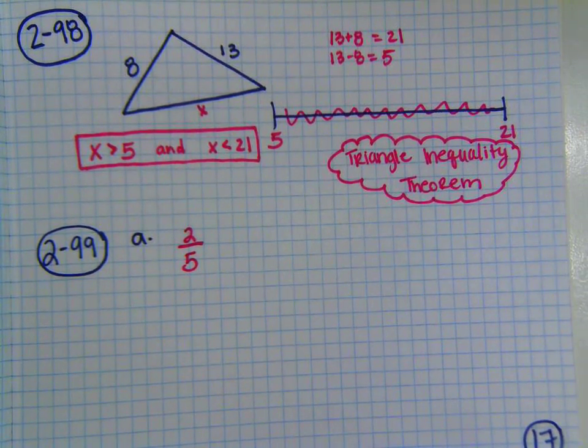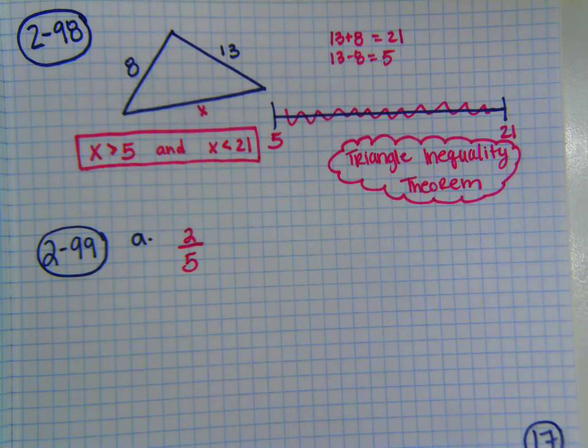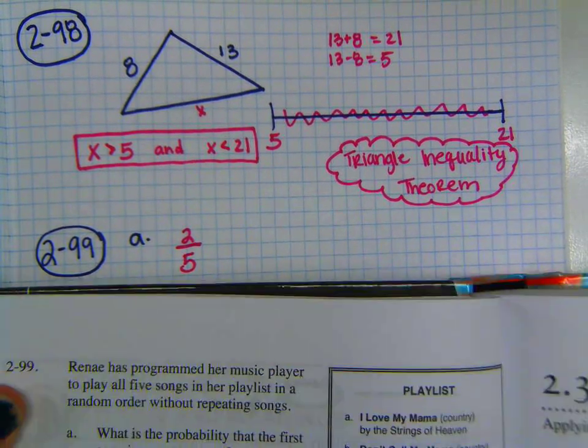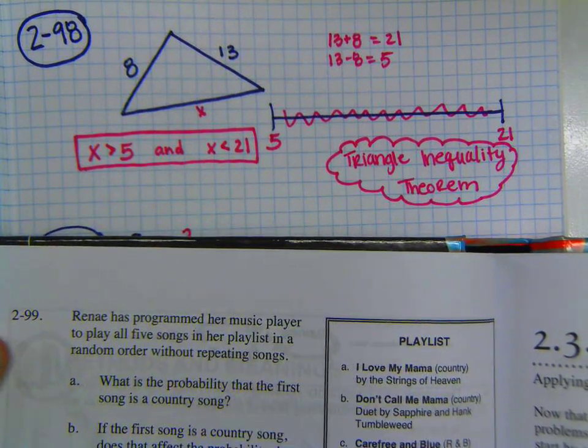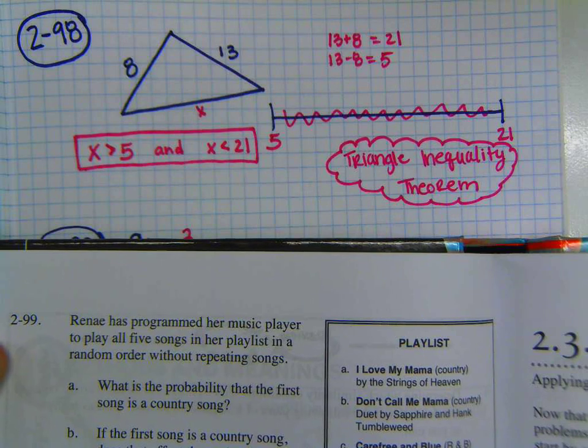Letter B. If the first song is a country song, does that affect the probability that the second song is a country song? Okay. Now we need to go back to the original problem. It says, without repeating songs. So once we play a song, we're not going to play it again.